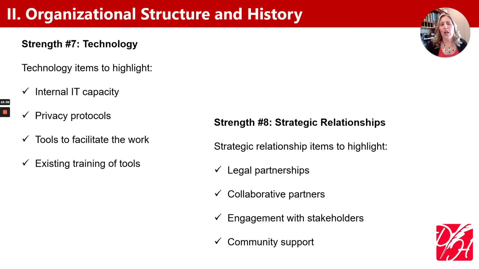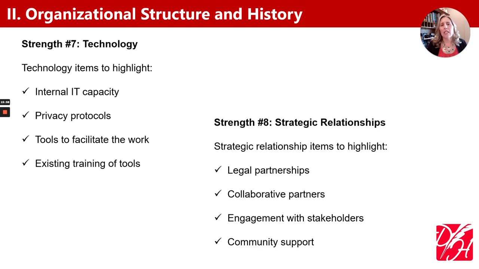That brings us to our 8th strength, strategic relationships. This probably looks different for every organization. Who are your natural partners that you work with in order to achieve your mission and vision faster, better, with more individuals? That might mean a combination of legal partnerships, maybe something through a memorandum of understanding.